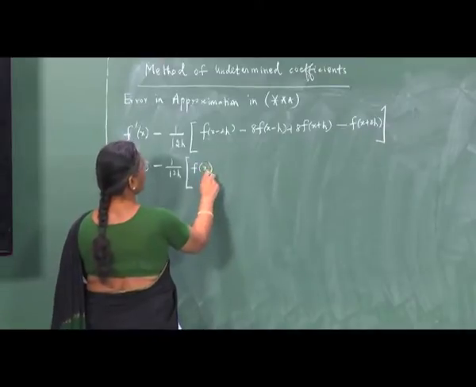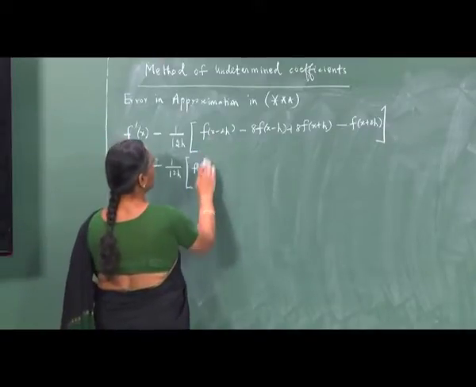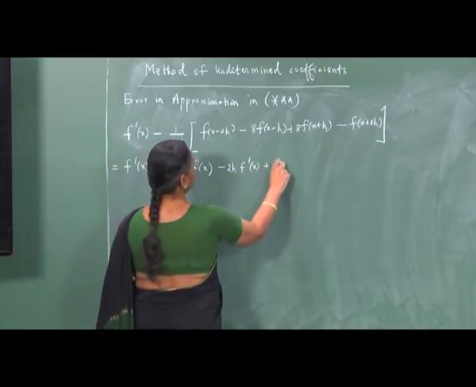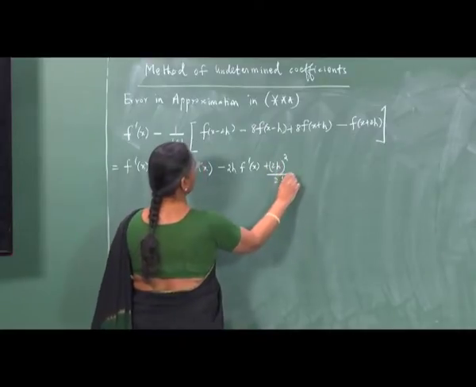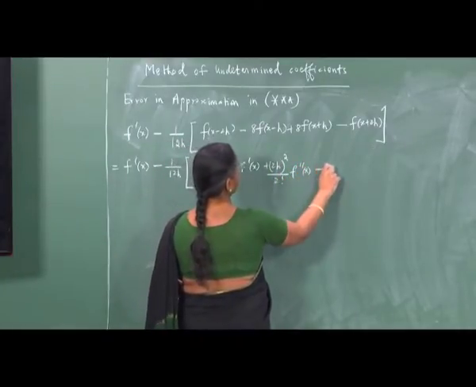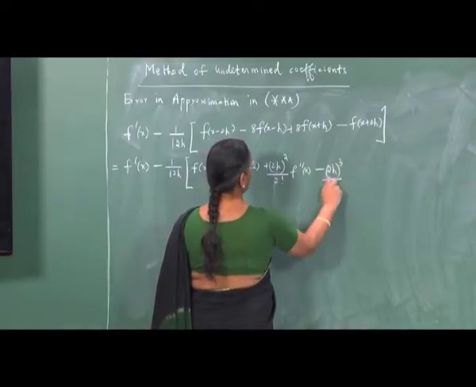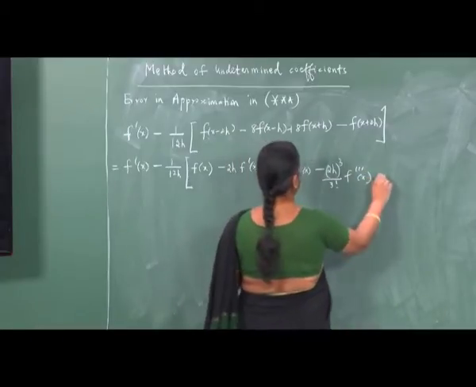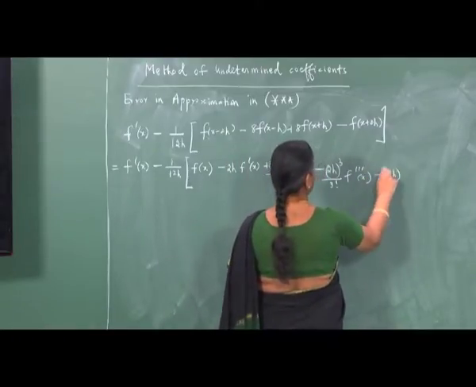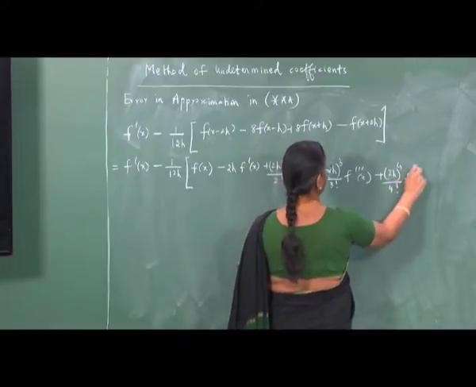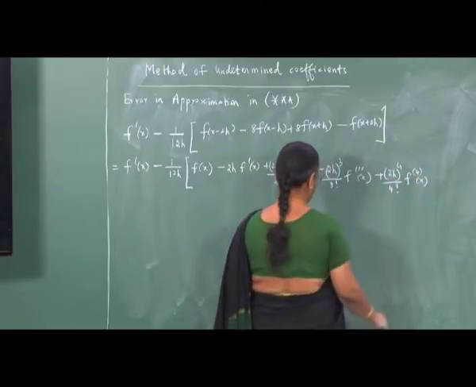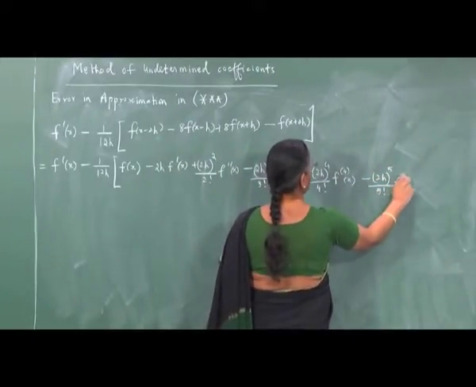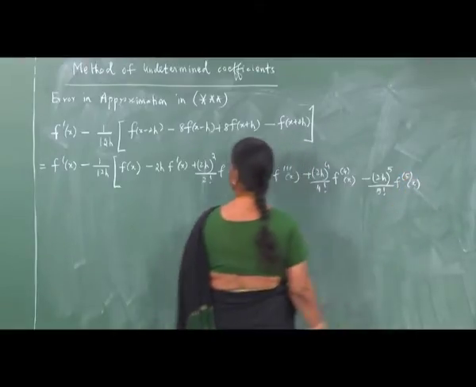let us use Taylor's theorem and expand this function f of x minus 2h. So, it is f of x minus 2h into f prime x plus 2h the whole square by factorial 2 into f double prime x minus 2h the whole cube by factorial 3 into f triple prime x, then plus 2h the whole power 4 by factorial 4 into fourth derivative at x minus 2h the whole power 5 by factorial 5 into fifth derivative at x.